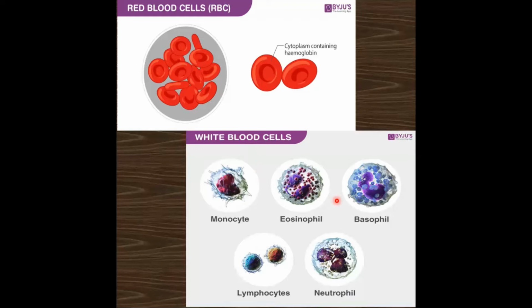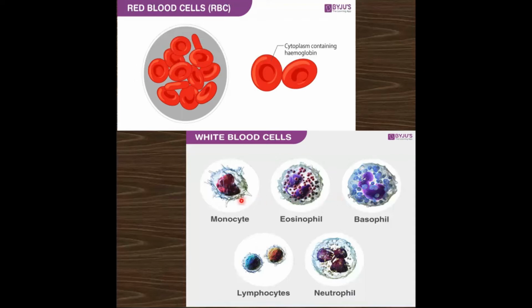If we talk about its types, there are five different types of white blood cells, but they are classified mainly based on the presence and absence of granules. So we can say that there are two main types of white blood cells: granulocytes, which contain granules, and agranulocytes, which do not contain any type of granules.